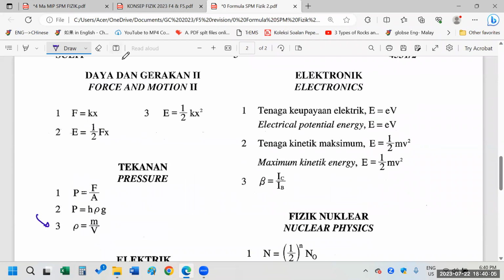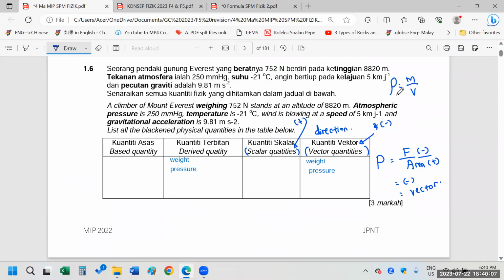Density equals mass over volume. Mass is a scalar quantity. Volume is a scalar quantity, which means there is no need to count direction. So it is positive, and positive means it is a scalar quantity.